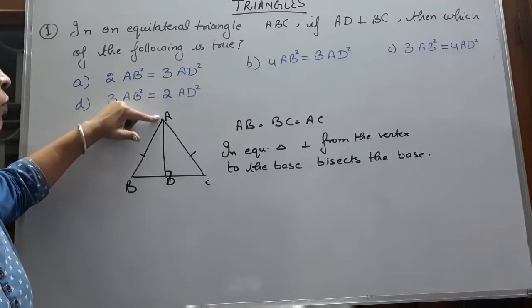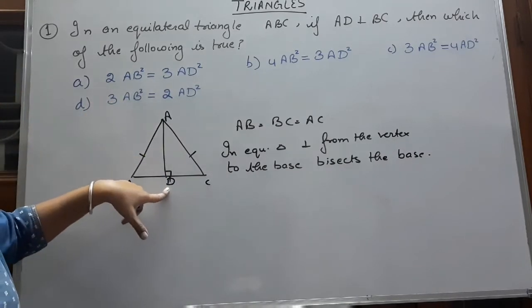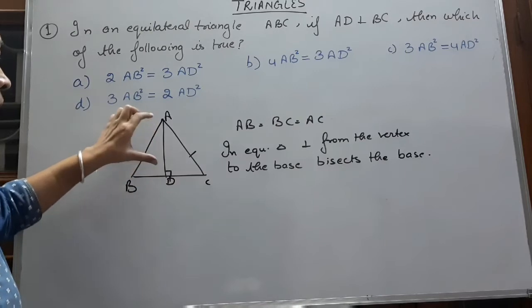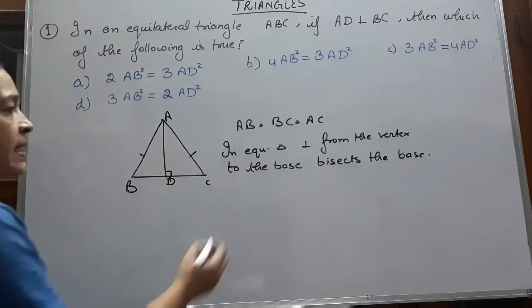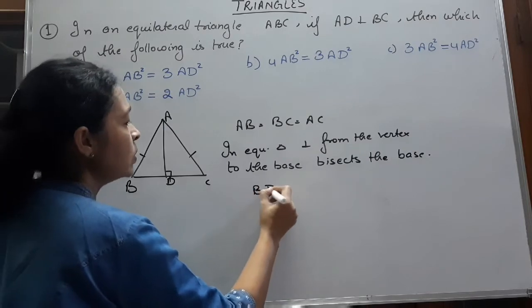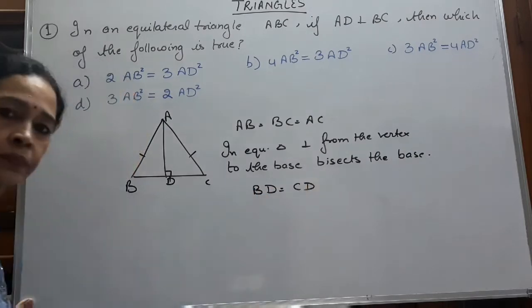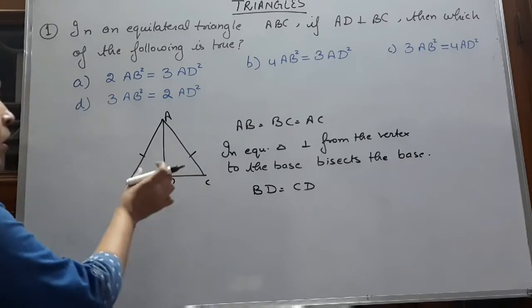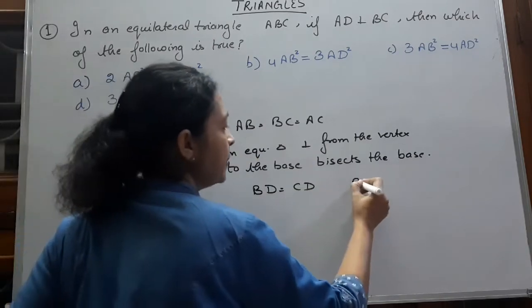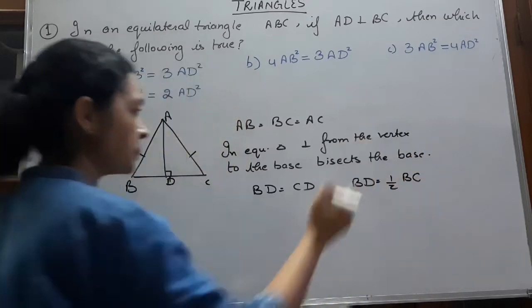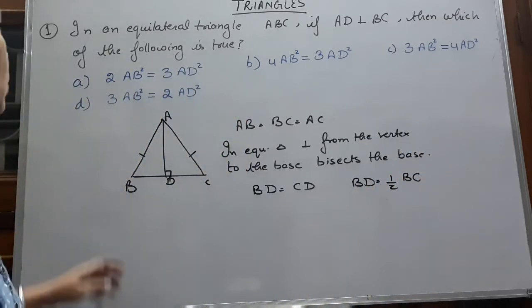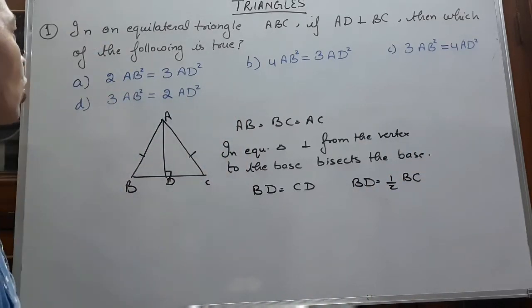This is a perpendicular from the vertex A to the opposite side or base BC. So AD is bisecting the side BC. It means BD equals CD. Clear? Or what we can write? BD equals half of BC. Clear? Now look at the options.